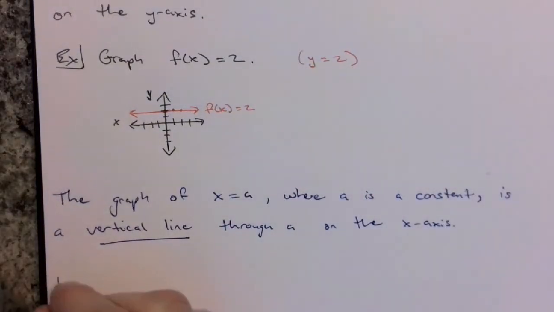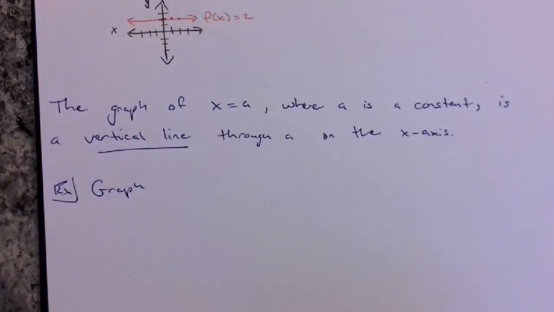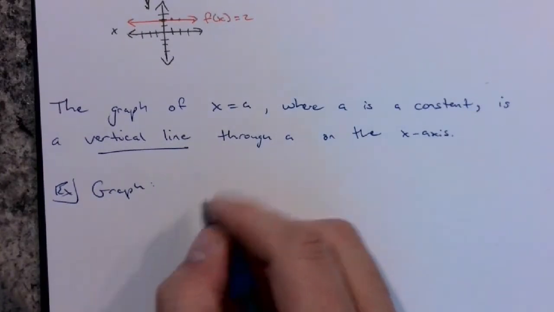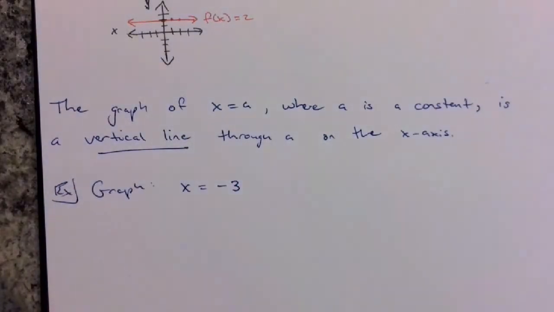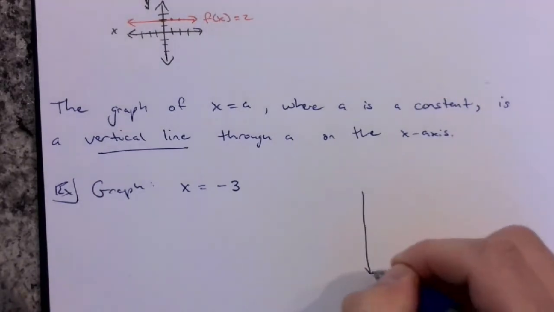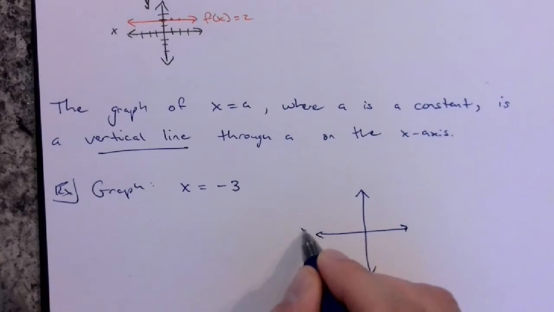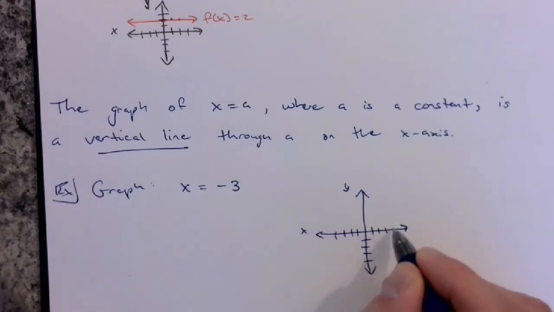So we'll just do another quick example here. If I said to graph x equals -3, I could draw an x and y axis here. Here's x, here's y. 1, 2, 3, 4, 1, 2, 3, 4.